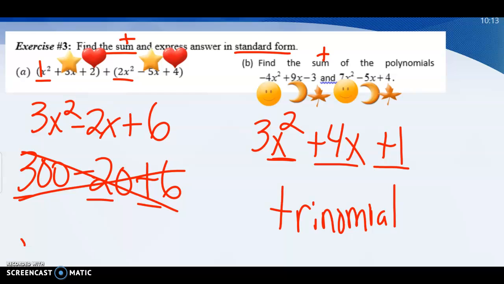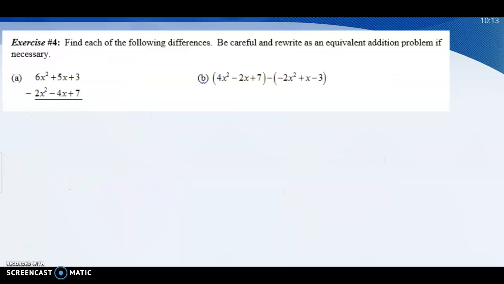So on the back, subtracting these, well, be careful because we have to rewrite them as an addition problem first. So for instance, if I've got this negative here, that actually is affecting the entire trinomial. So we're subtracting 2x, and a negative, we're really adding the 4x, and a negative to the positive 7 is really subtracting 7.